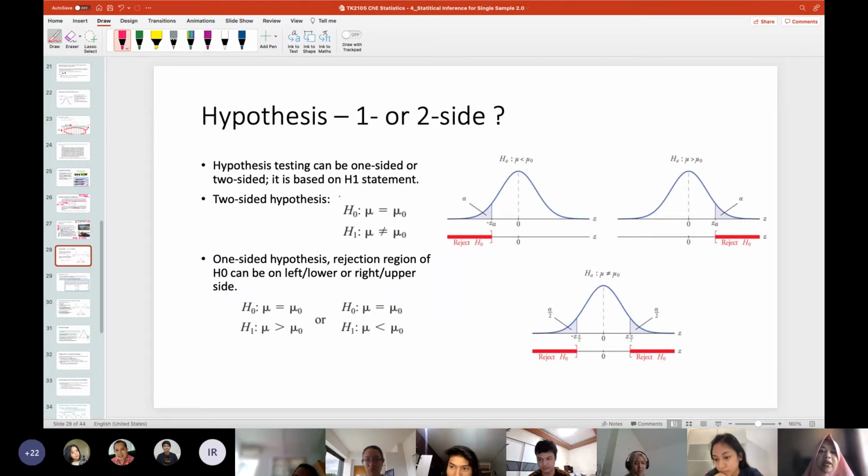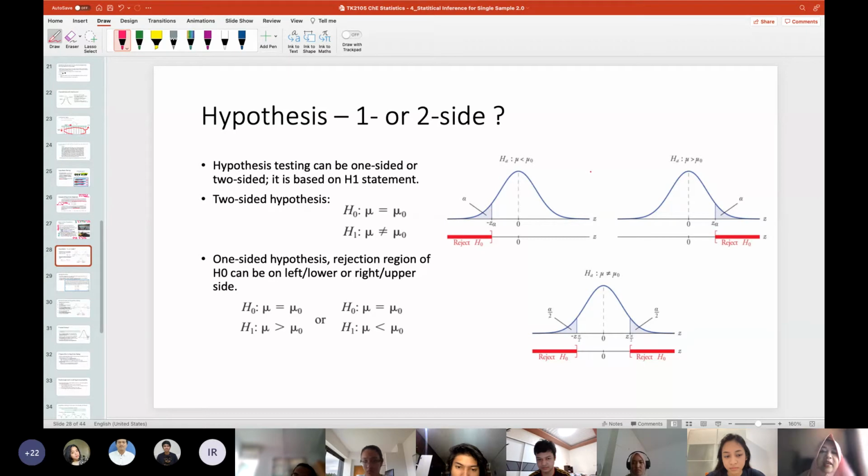If it is a two-sided hypothesis, H0 is mu equal to mu 0, and H1 is mu not equal to mu 0. So we have two side tails.